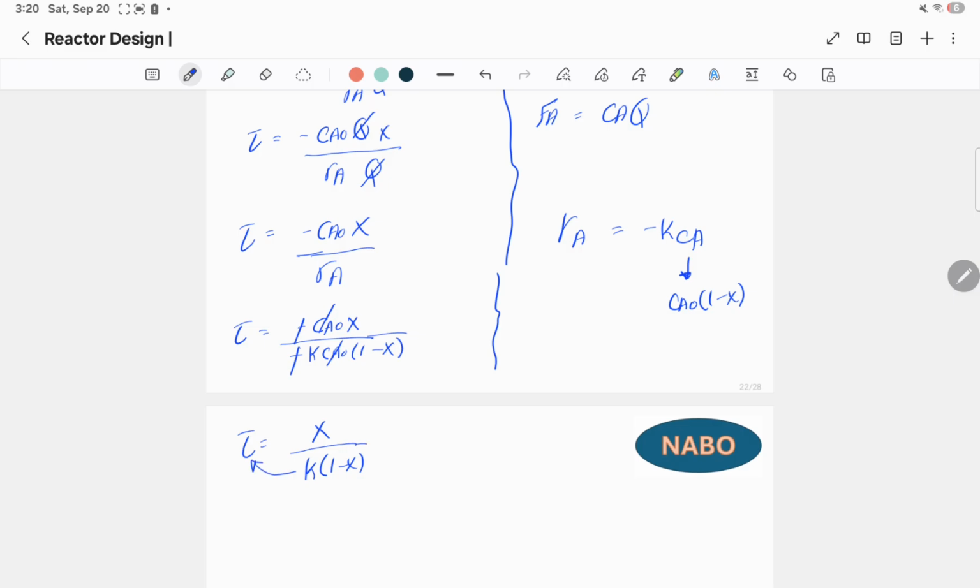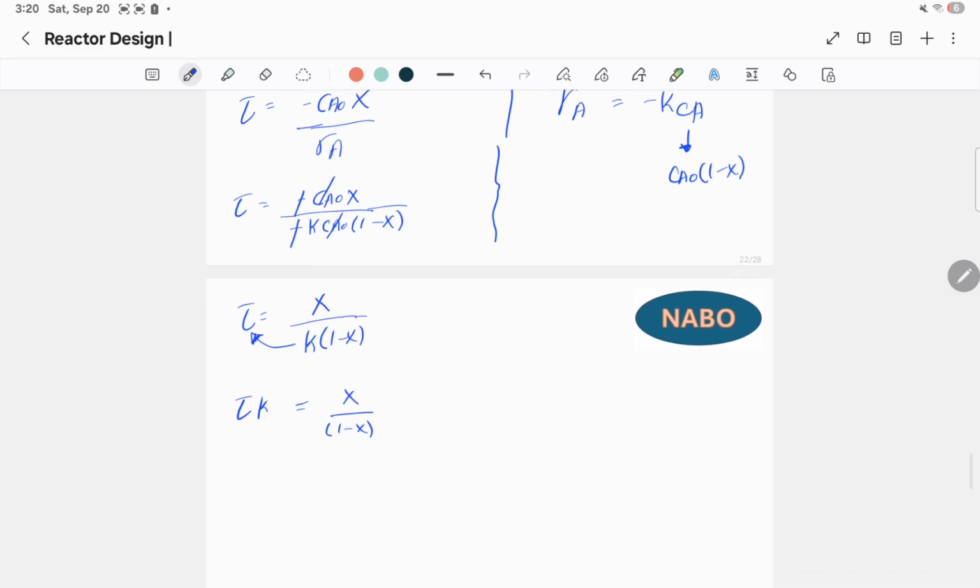We'll move this K to the left side. That way, tau times K equals our Damkohler number, which equals X divided by 1 minus X. There's our Damkohler number.